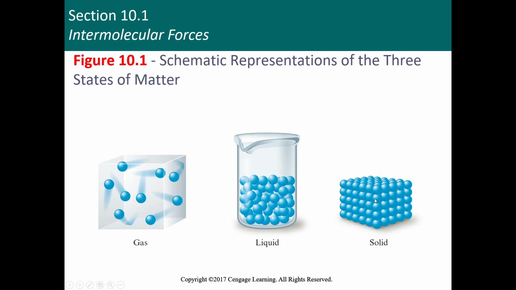And then a solid is going to have, if this was 20%, this is going to be something like near 100% connections. Typically well above 80%. Now, this right here, they are going to be even more densely packed, usually. That's not true for all of them. And they're going to have a much more rigid structure. This is why it does not flow, whereas liquids flow.